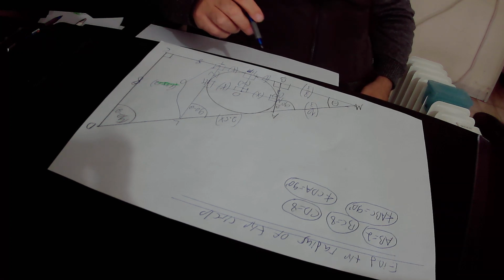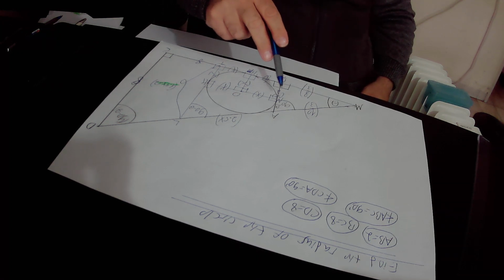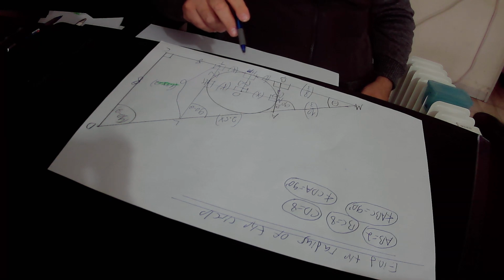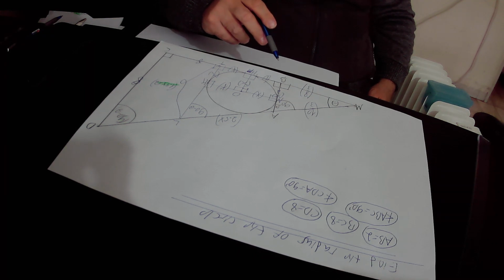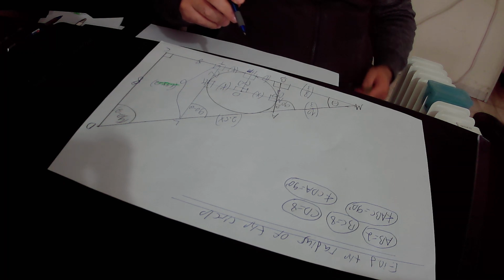In the next step, I will copy the small quadrilateral ALBT on a new page with the circle that is inscribed in it, and we'll analyze this quadrilateral ALBT.